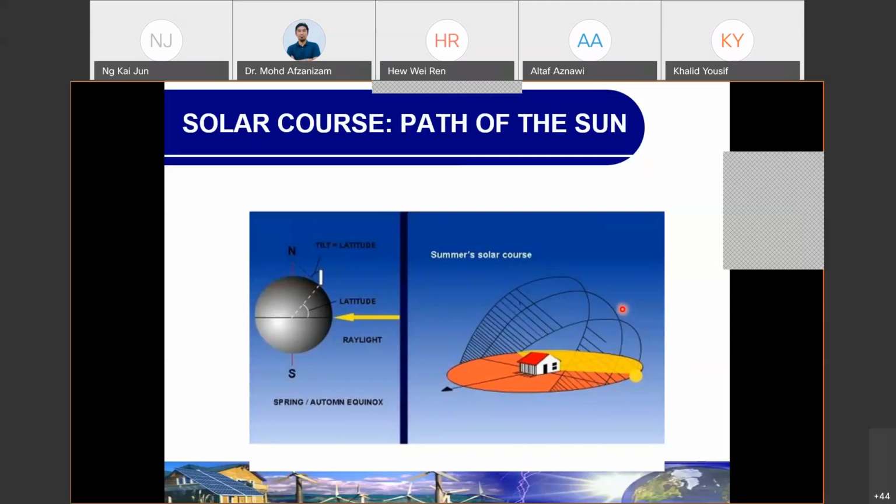As a person who enters this kind of session, we should know the behavior of the sun ray. It is different from country to country as well. For example, Malaysia has this kind of route, maybe Sudan this kind of route, or Yemen this kind of route. But the big idea is that every single location at any time has its own dedicated sun path.